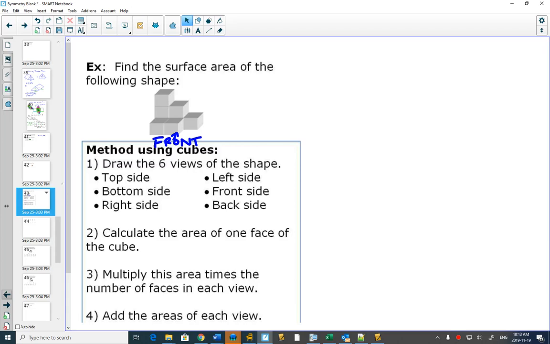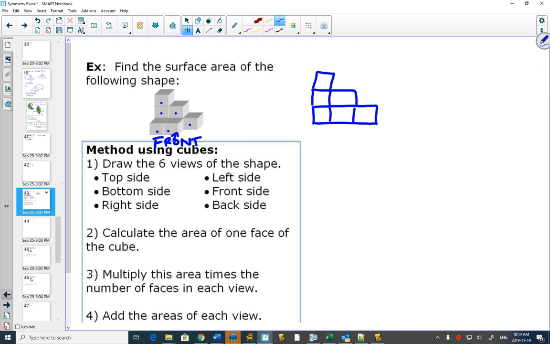Now, if you turn that shape and just looked at it from the front, can you see that you would see those sides? When we're drawing that then, we would see 3 along the bottom, 2 along the top, 2 along the middle, and 1 at the top. This would be our front view.